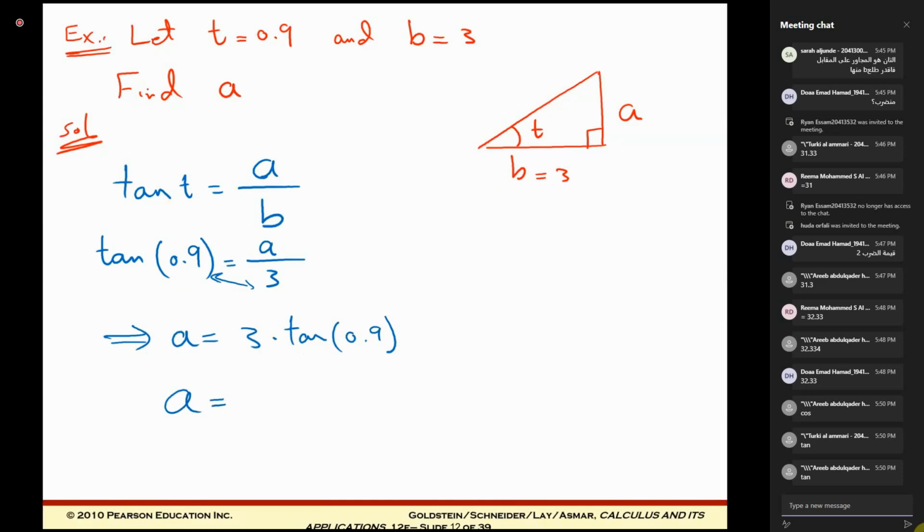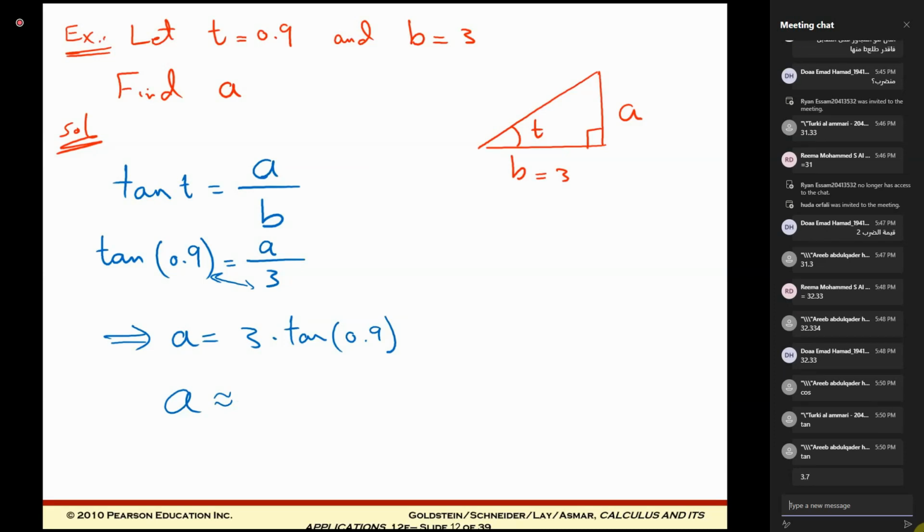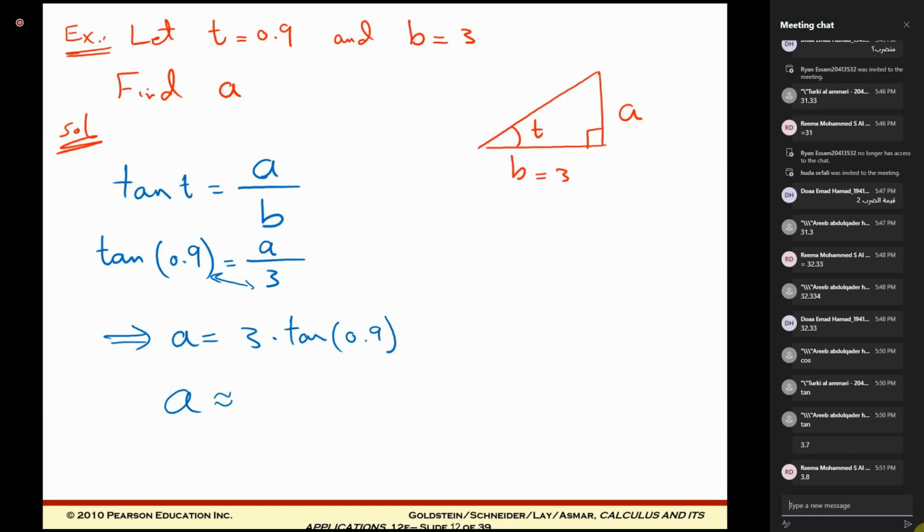What's the value of A? Approximate. Three... let's take the middle. 3.78, roughly, it comes out. Okay. Any question?